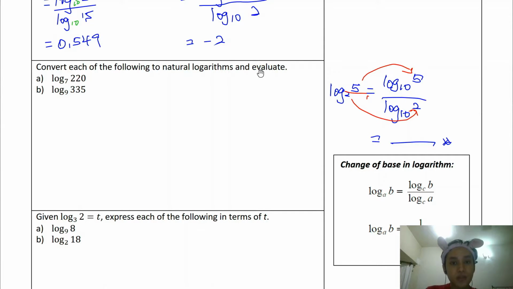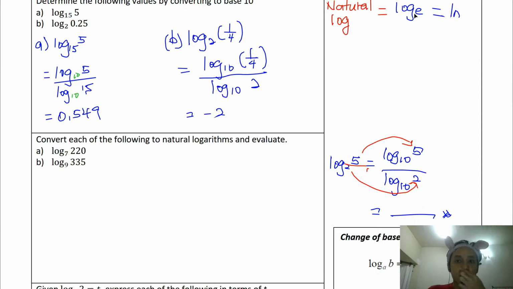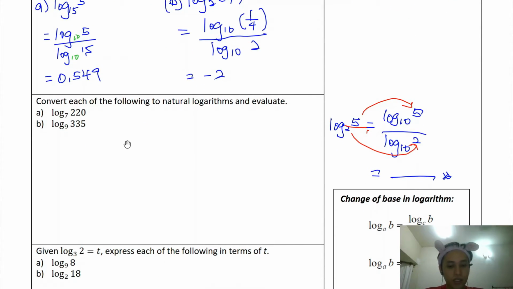Next, this one. Convert to natural log and evaluate. Natural log means log with the exponent base. How do we do this? Also the same thing. Log 7 of 220, we change it into exponent base log.